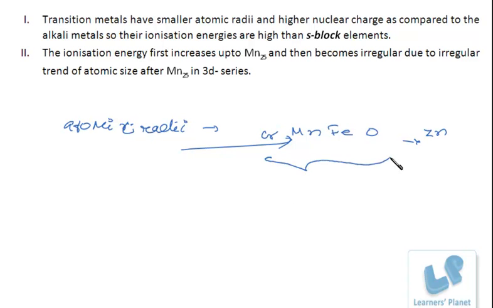Because the increase in nuclear charge and the increase in shielding effect balance each other, and they are making this atomic radii constant. Right? The same nuclear charge is also affecting the ionization energies.